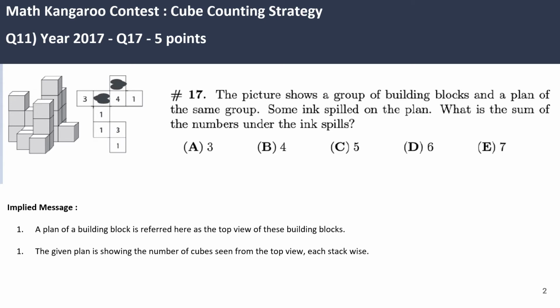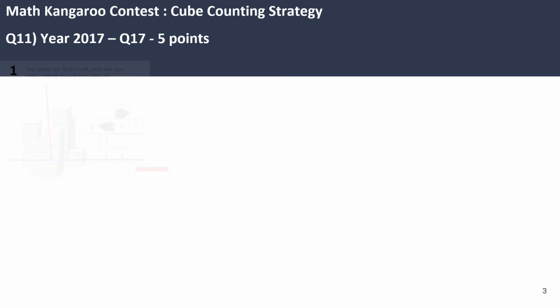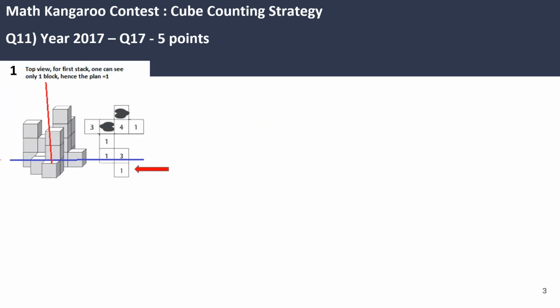Okay, so let's see the implied message. A plan of a building block is referred here as the top view of these building blocks. The given plan is showing the number of cubes seen from the top view, each stack-wise. Now let's look at this option 1 here, and evaluate why this number 1 seems to be correct.